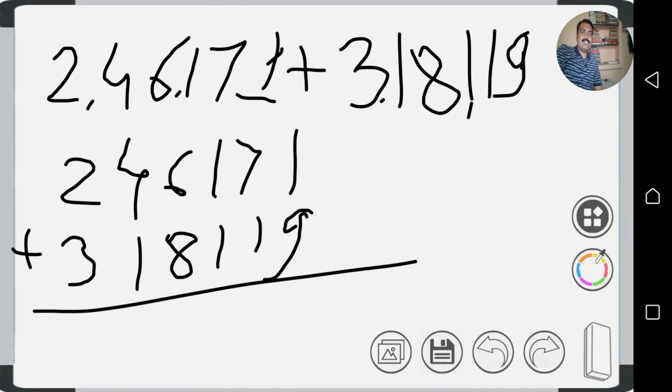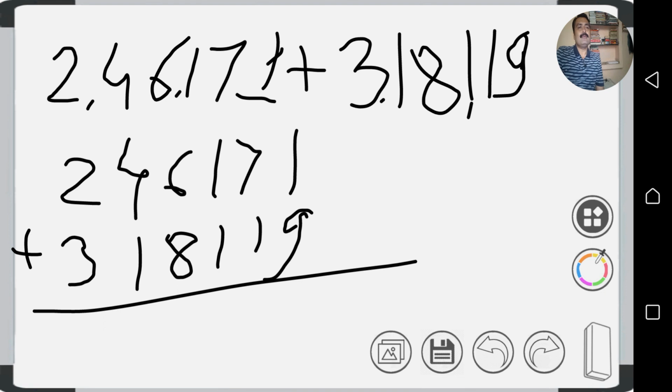After arranging these two numbers one below each other, we write 9 below 1, 1 below 7, again 1 below 1, 8 below 6, 1 below 4, and the last 3 below 2 here.